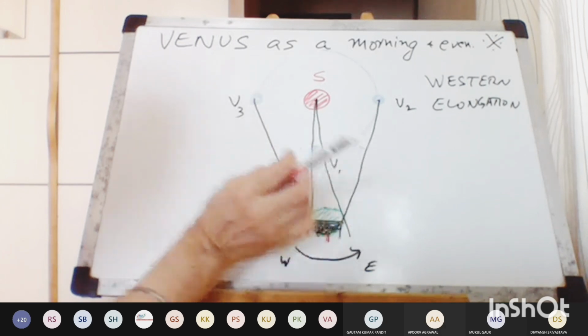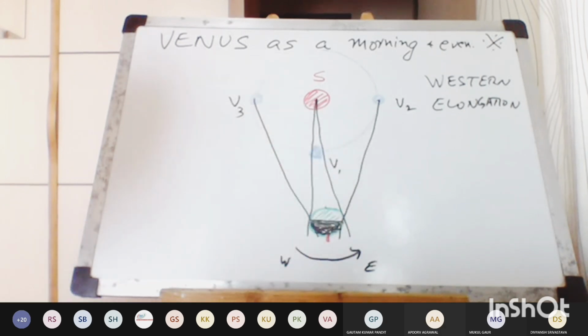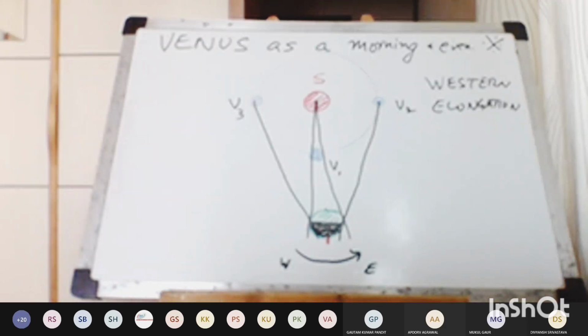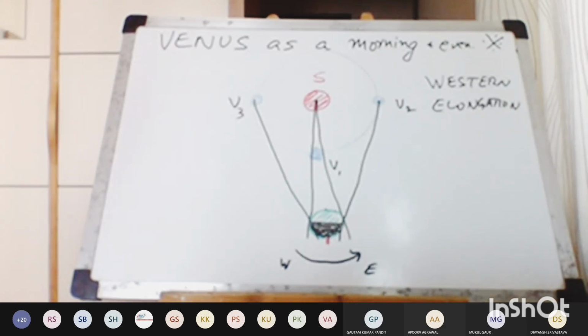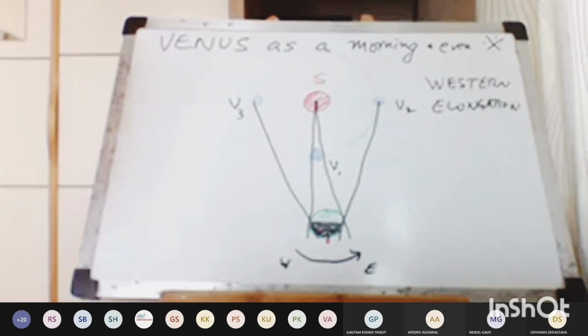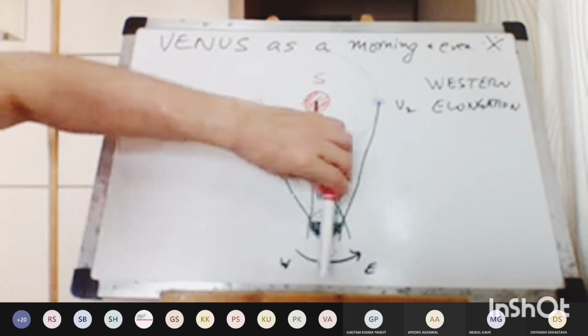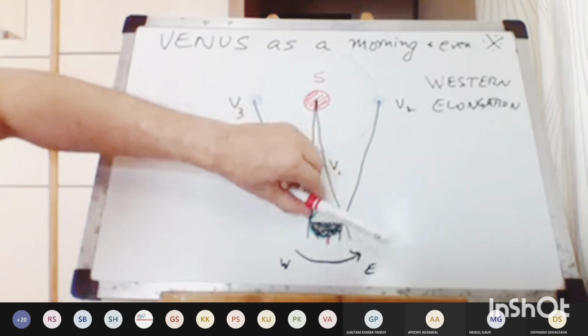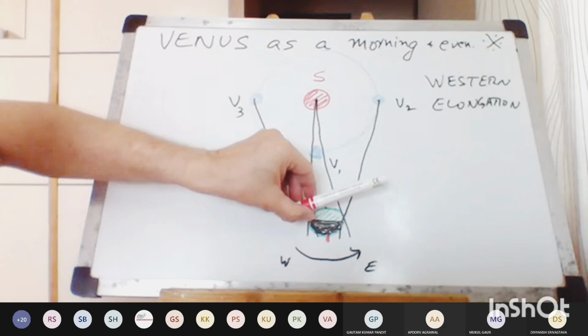Any questions in this one, gentlemen? Anybody has any doubt? In this case, we have seen the Earth is rotating. Venus is visible first.